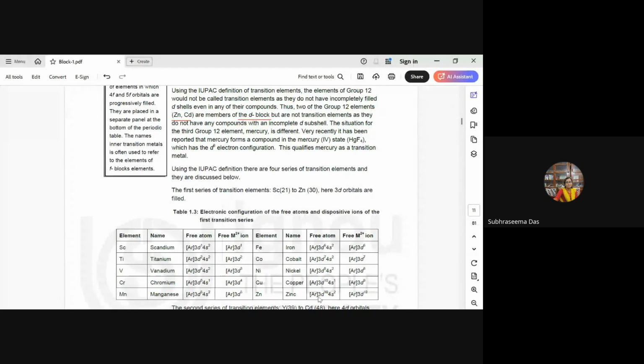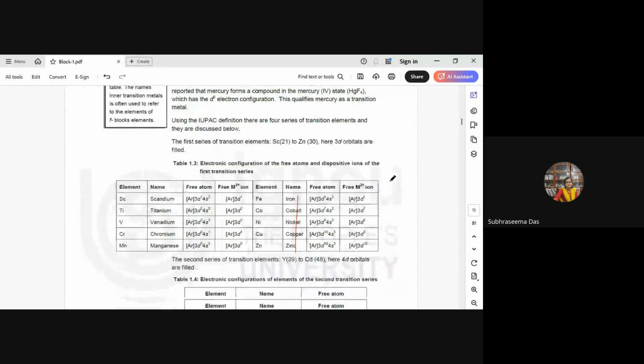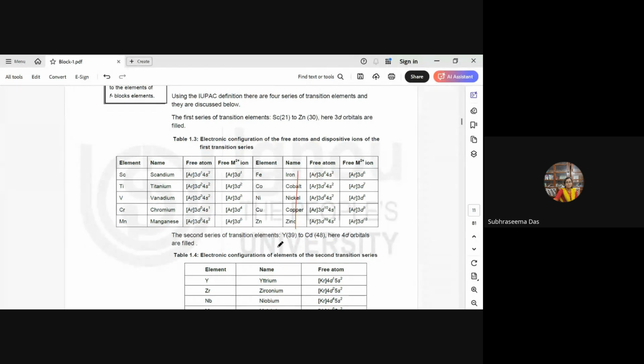If we look into table 1.3, we can see the elements from scandium to manganese, that is atomic number 21 to 25, and on this side iron to zinc. So from 21 to 30, they constitute the first transition series elements.